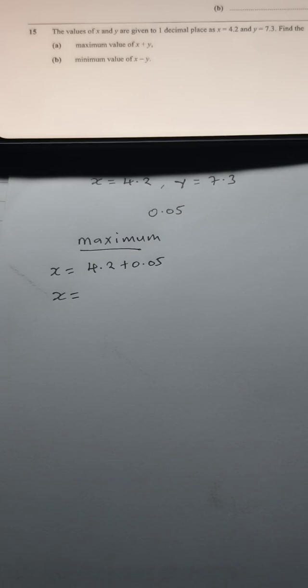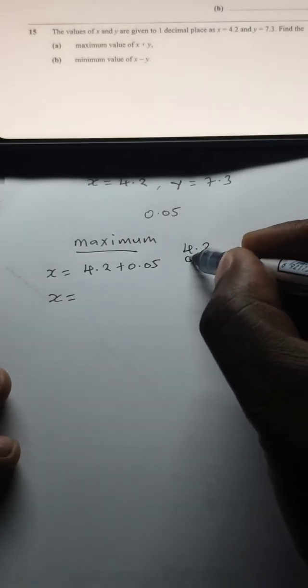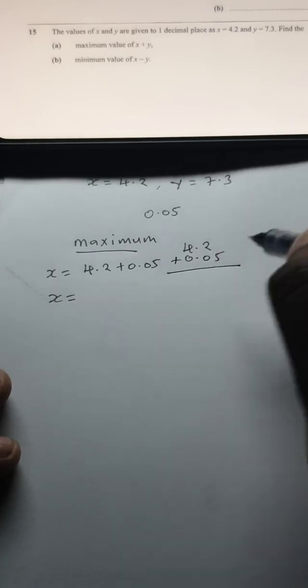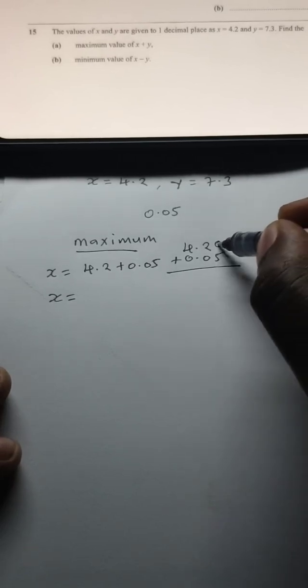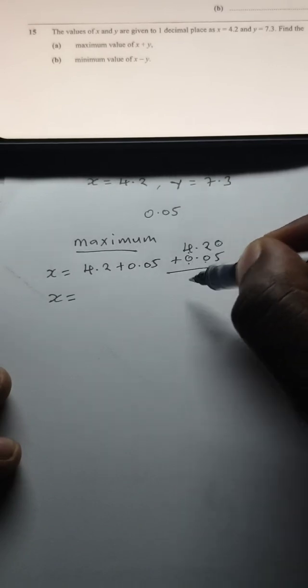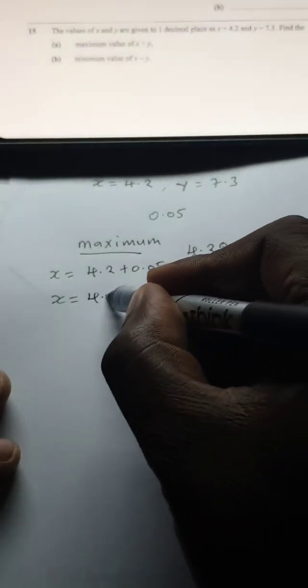It will be 4.25. We are adding: the last 0 is non-significant, it's just a placeholder. 0 plus 5, 5. 2 plus 0, 2. 4 plus 0, 4. That's how we found 4.25. This is the maximum value of X.